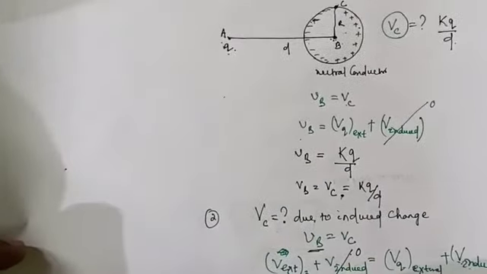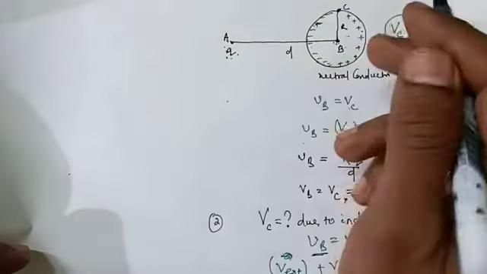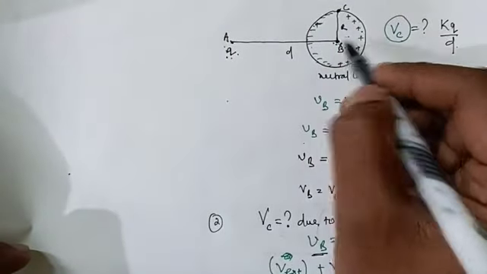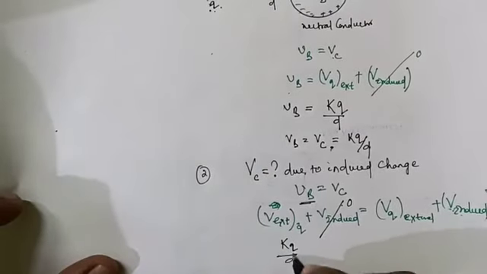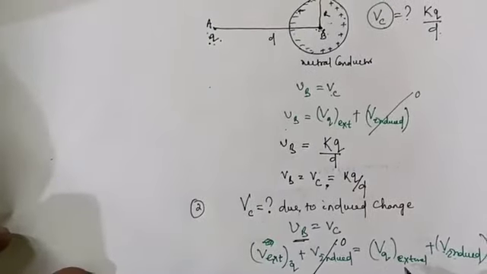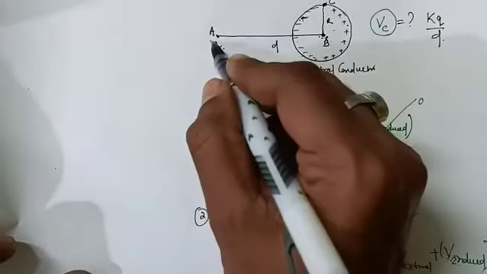And the potential due to charge Q at point B, the point charge expression, is kq by d, which is nothing but the potential at point C due to this charge.